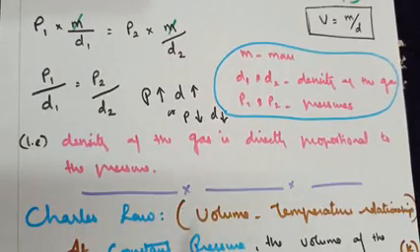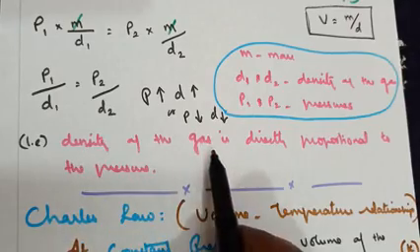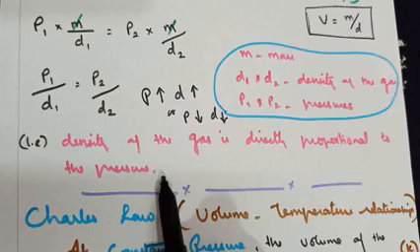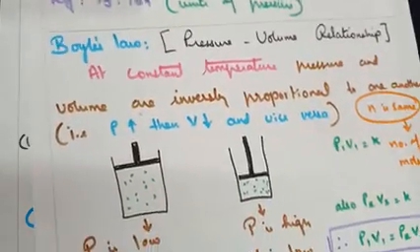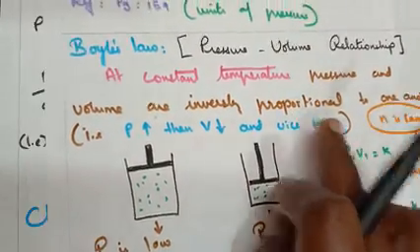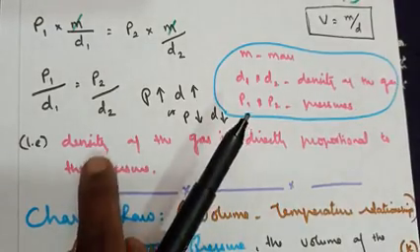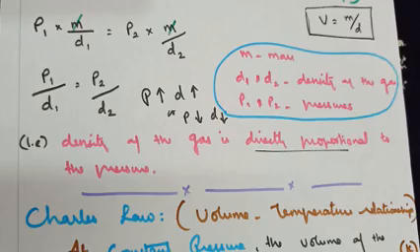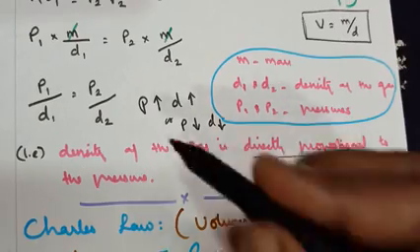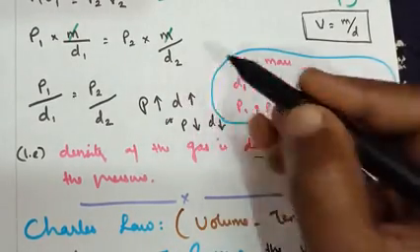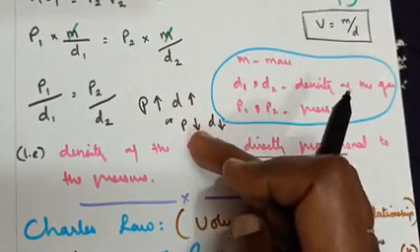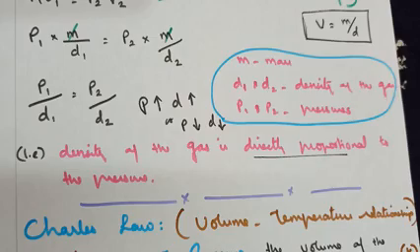So the final conclusion is that the density of the gas is directly proportional to the pressure. In terms of volume, it is inversely proportional. Hence we say if pressure is increasing, density also will increase. If the pressure is decreasing, density also will decrease.